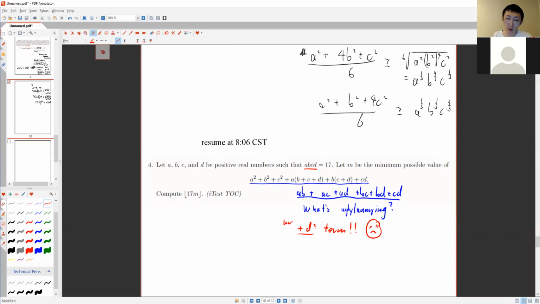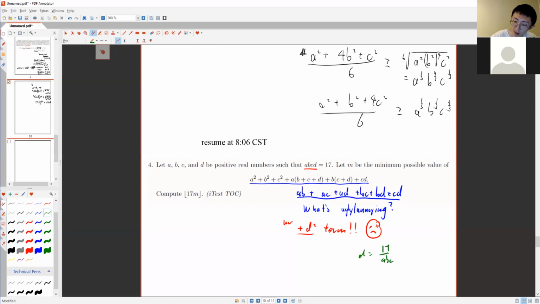So how can we deal with this, I guess? There's a question, would it be a good idea to change the D from the products to 17 over ABC?